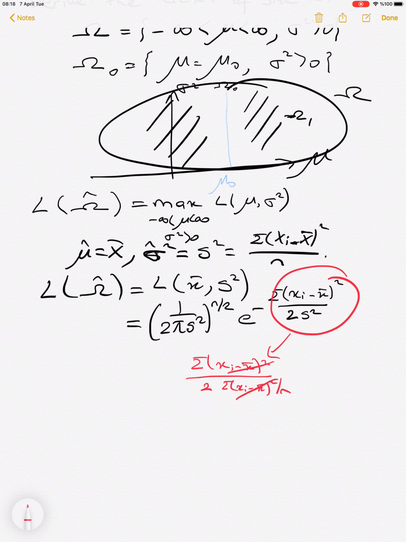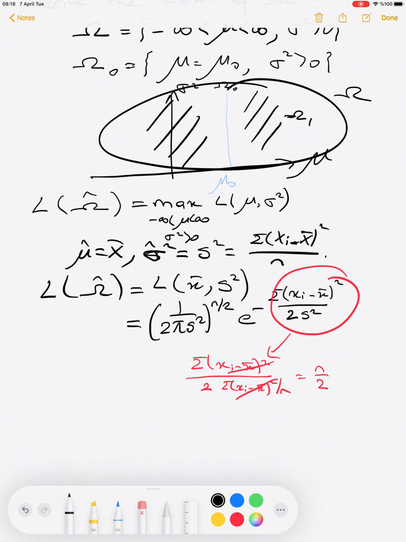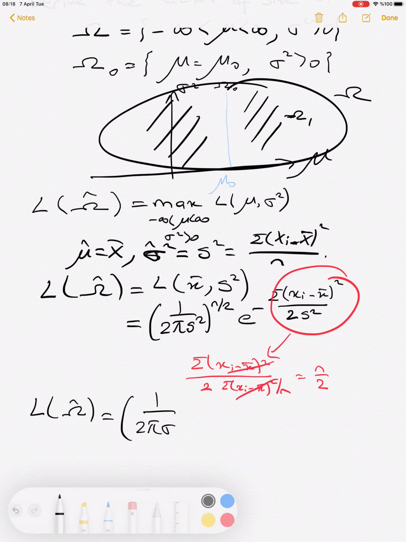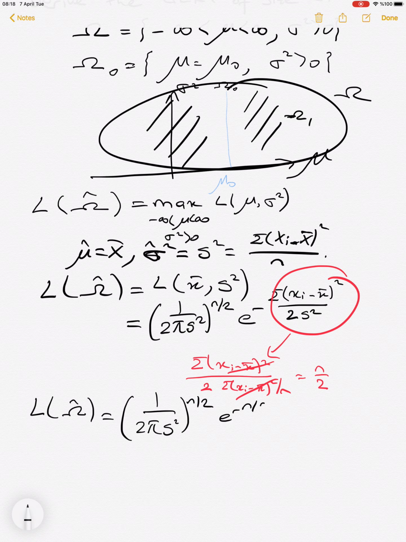So these quantities will cancel out, and we will have n over 2. So if we write the whole maximum likelihood under the whole parameter space, we will end up with this formula: 2 pi s square to the n over 2, e to the minus n over 2.